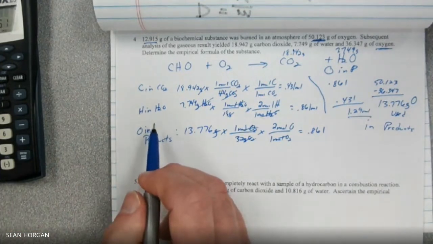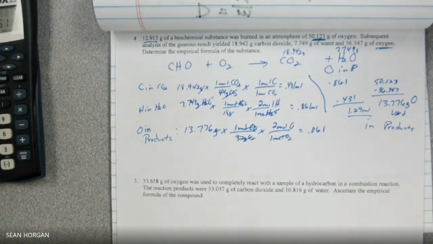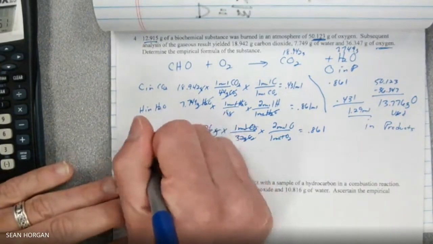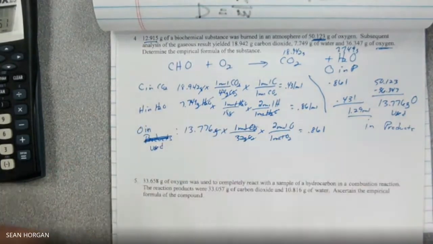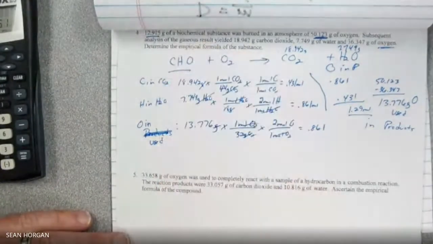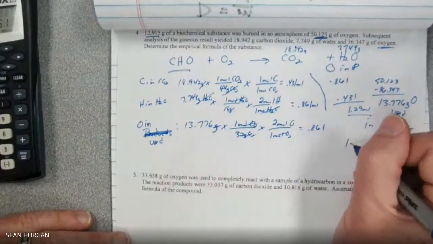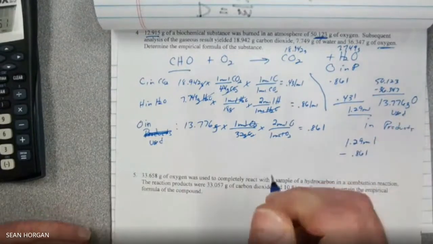And this is the amount of O that was used. I mislabeled this. Okay, the difference between the two should tell us how much we pulled from here.